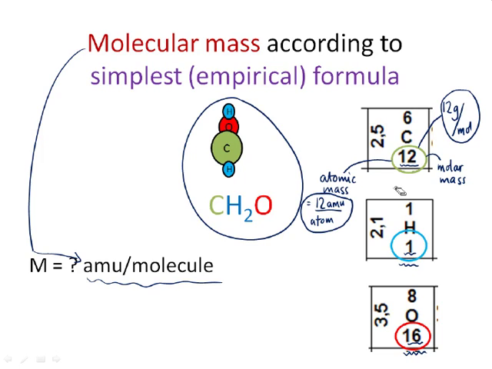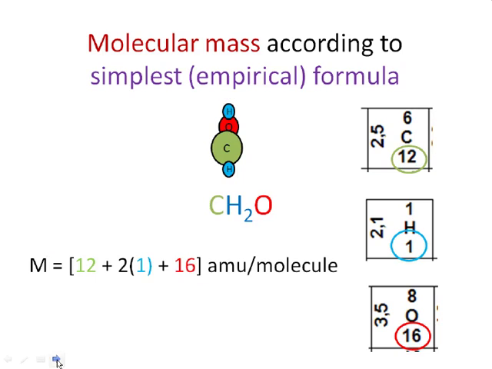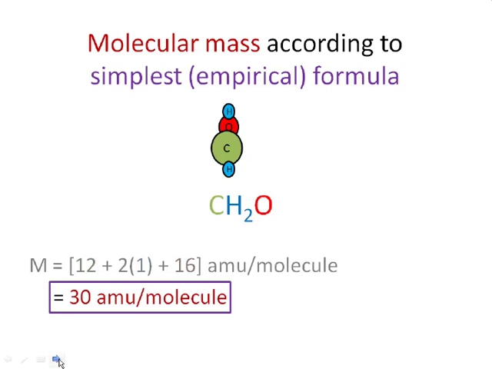And so what would the molecular mass of CH2O be? It would be 30 AMU per molecule. So 1 molecule of glucose, if this were the real formula of glucose, would be 30 AMU.